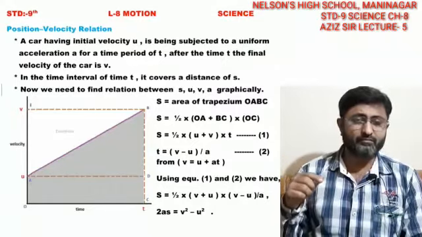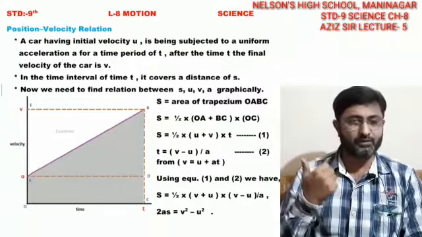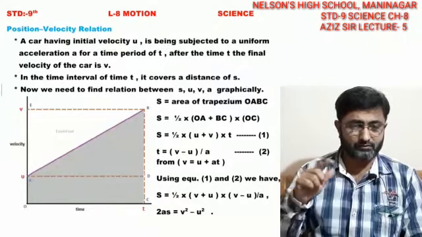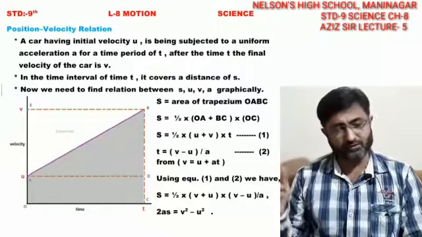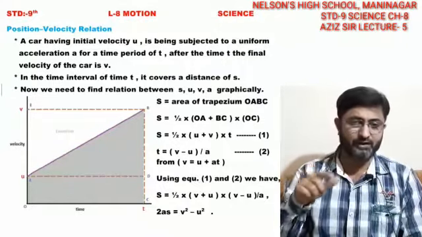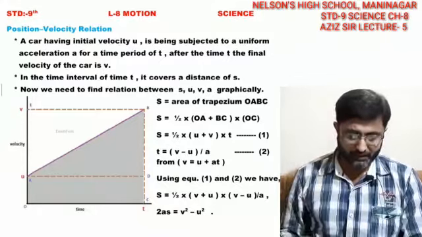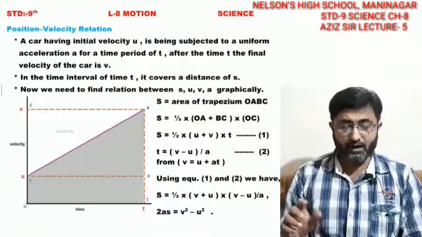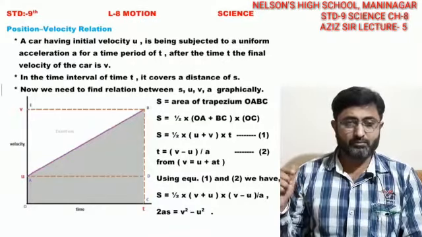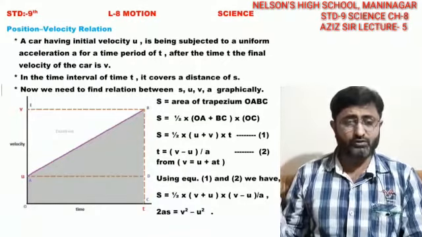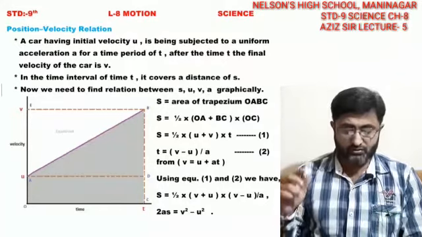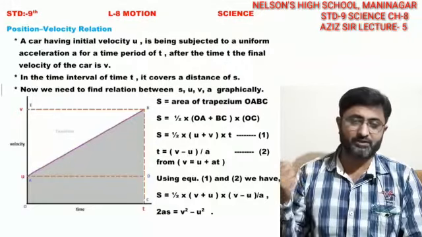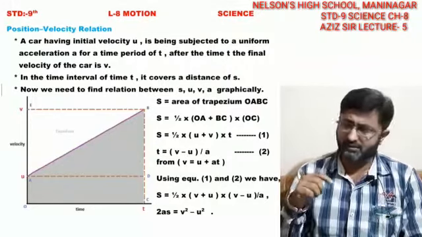Here T is equal to V minus U by A. We have already derived this from the previous equation, that is V is equal to U plus AT. From that equation we can take out the value of T as V minus U by A. So putting the value of T in this equation 1, we get half into V plus U into V minus U by A. So V plus U and V minus U turns out to be like the mathematical identity A plus B and A minus B is equal to A square minus B square.